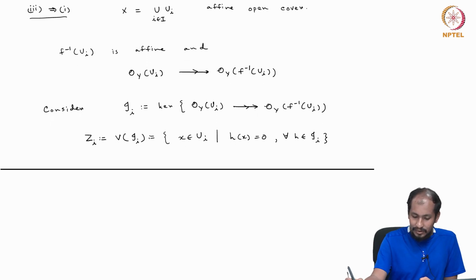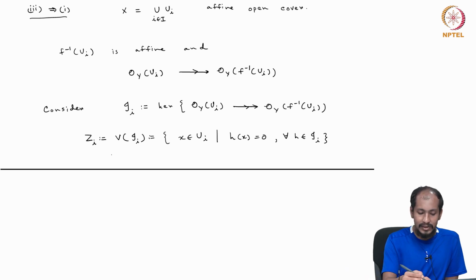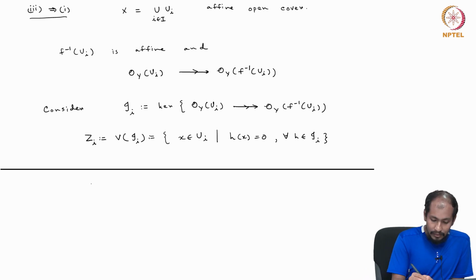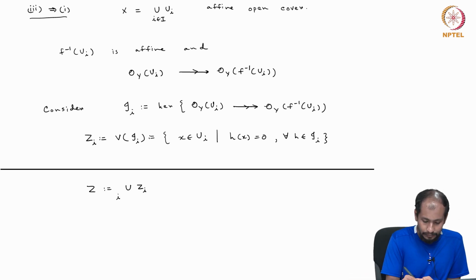The elements of this ideal are actually regular functions. So all the common zeros of the regular functions inside I_i, we denote by Z_i. Now also define Z to be the union of the Z_i.